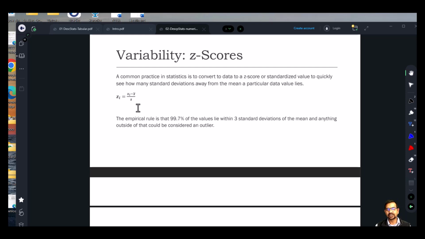So again, a very quick way. If the z-score is a little confusing, just know that we are basically transforming a data point into how many standard deviations away from its own mean that data point is.